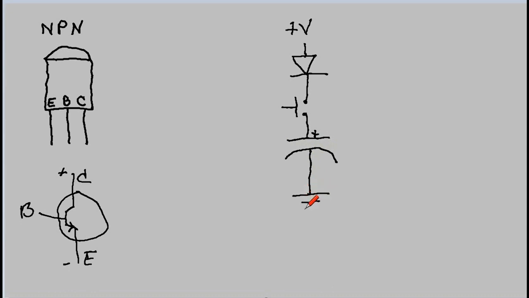Now you may be asking yourself, where's the transistor? Well, we're about to do that in a minute. Okay, so coming off of the plus power, we go to our transistor. So now let's build our transistor.